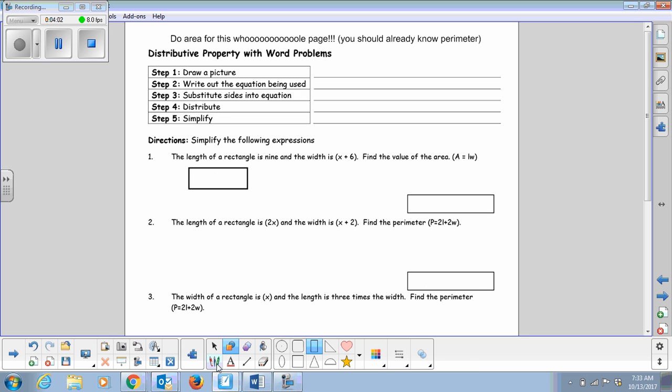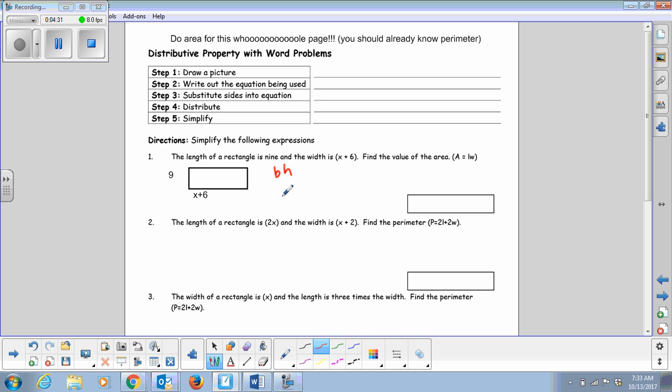Okay, so it tells me that the length is 9. So they gave you that part in words. And then we have the width is x plus 6. Now we need to find the area, which means we're taking one side and we're multiplying it by another, because the area of a rectangle is base times height.